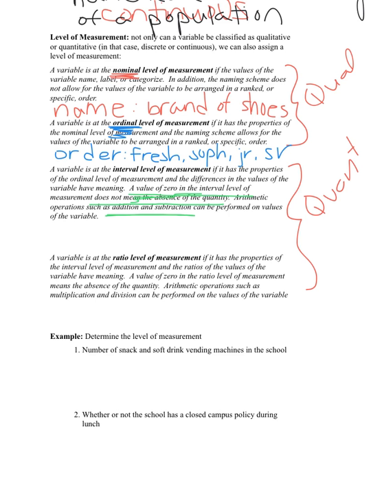A good example for this one is temperature. Let's think about 0 degrees Fahrenheit. This doesn't mean that there's no temperature outside. It just means that it's very, very cold. Some other examples would be clothing size.